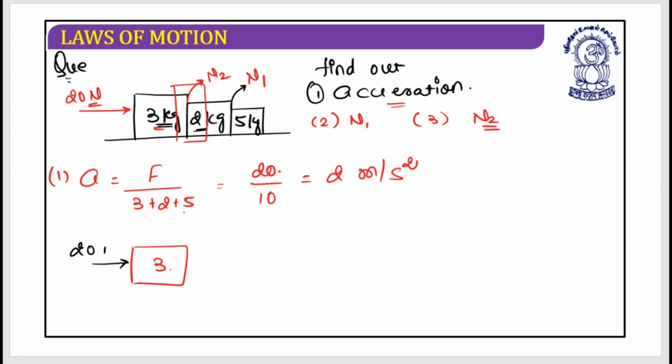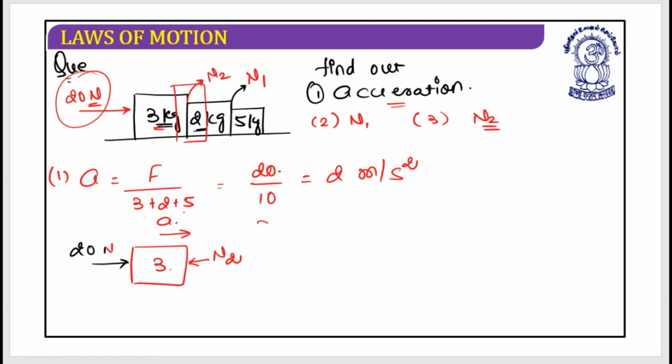This 2 kg is going to push this in this direction. Now in which direction is this object going? Positive x or negative x? It is for sure going in the positive x direction, because F external is applied in this direction. So this is the direction of acceleration.